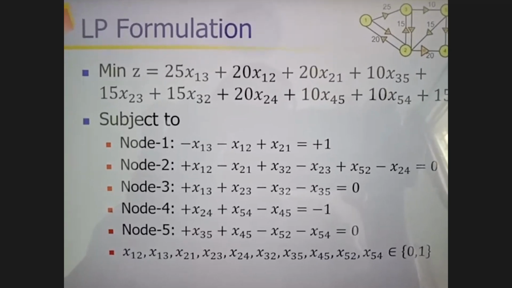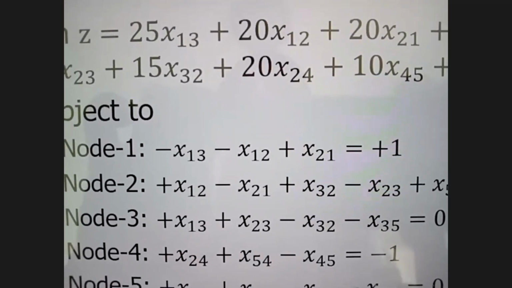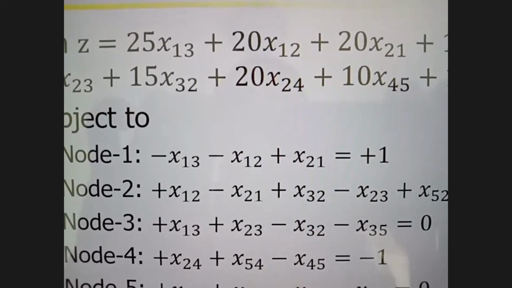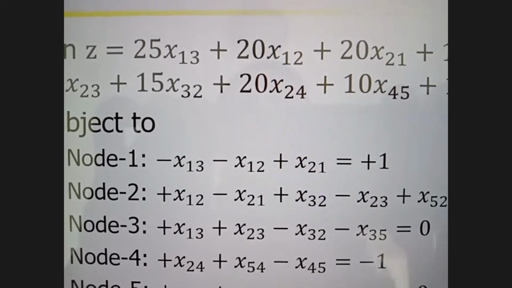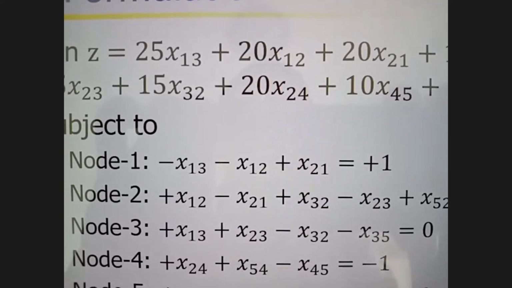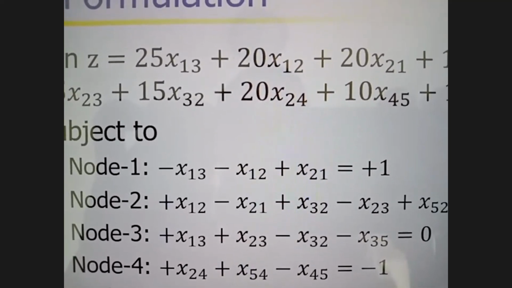In node 1, for example, x13 is minus, x12 is minus, x21 is positive. What does that mean? Why is x13 a negative sign here?